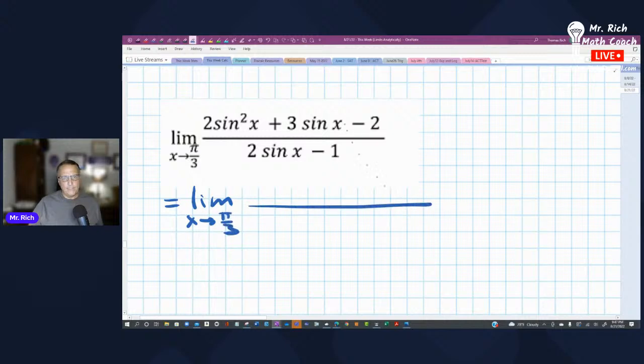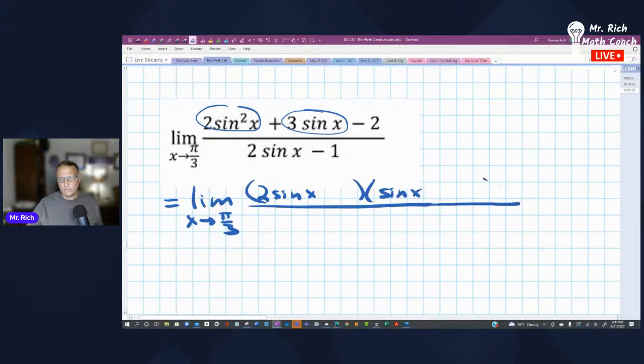So that means, because this is a squared sine and this is a power 1 sine, I'm going to factor this as 2 sine x and a sine x, like this. And I'll leave this as 2 sine x minus 1. And I need the product of these last two terms to be negative 2.